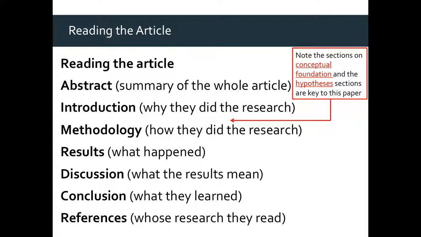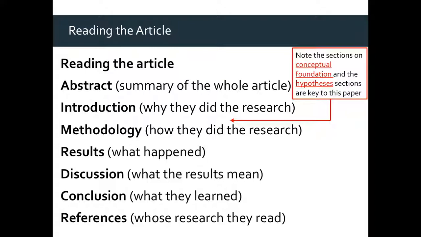Okay, so we read the article through, and we see the different sections that we would expect with an article such as this. We note there are two specific sections. One's the conceptual foundation, which is one way of labeling a literature review, but it's basically the literature foundation for the paper.